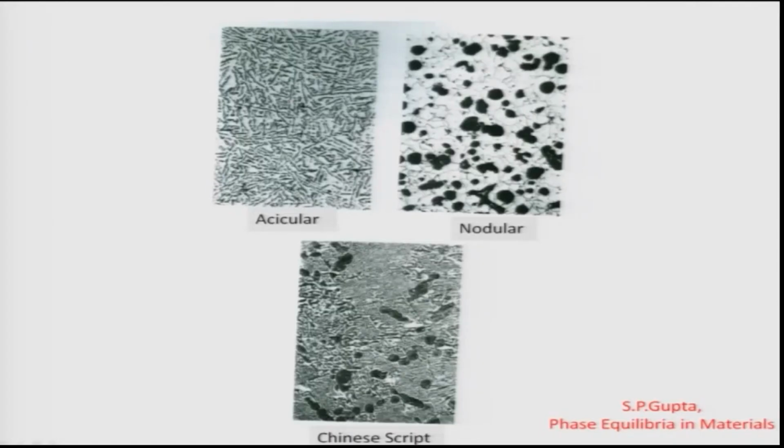Normally this eutectic is very hard and brittle, but it can be modified using a very small amount of sodium, strontium or some other mixed metal, and the morphology of the eutectic can be modified, which we will discuss probably in the next lecture. This is a typical feature of silicon. Silicon actually is a metalloid, so it grows like a fiber.